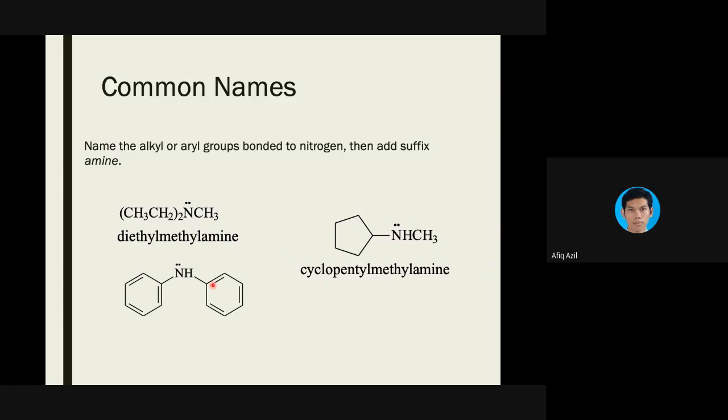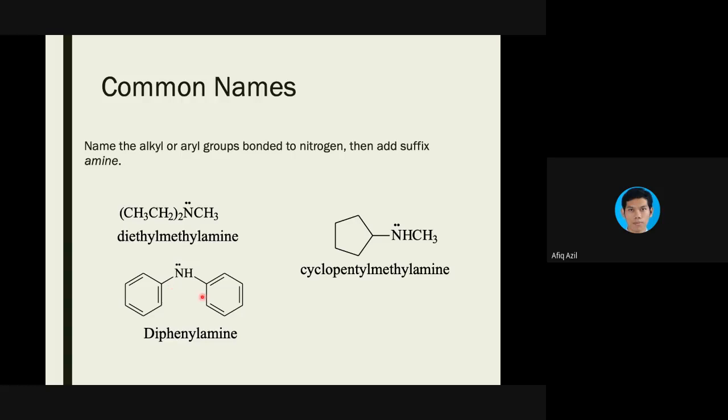This one is an example of an aromatic amine. This nitrogen is bonded to two benzene rings. Just now, if the benzene is directly attached to NH2, it will be known as aniline.